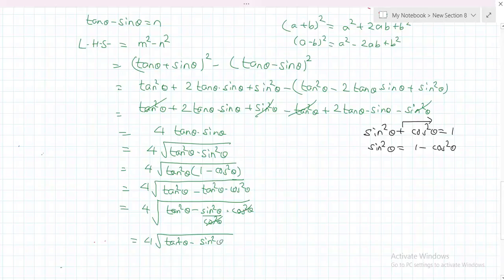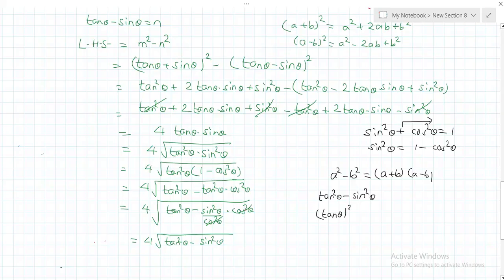Now this is in the form of a² − b², and we know the formula a² − b² is equal to (a+b)(a−b). Here it is tan²θ − sin²θ, so we can write this as (tanθ)² − (sinθ)². This is exactly like a² − b².